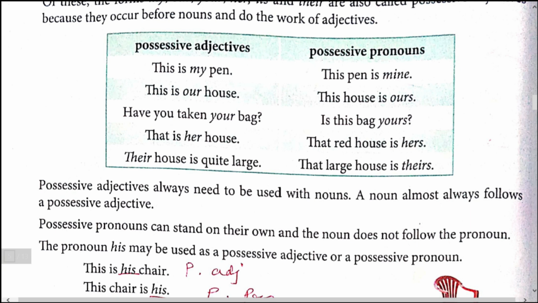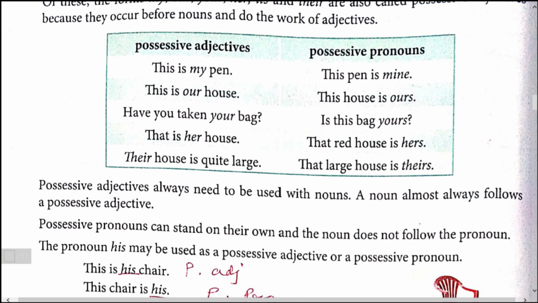Hers. So here you can see, when you are looking at these examples, that it comes after the verb. Only one question is there; a question is asked, and over there you have to understand. Last one. That large house is theirs. That large house is whose? Theirs. So here theirs is again a possessive pronoun.